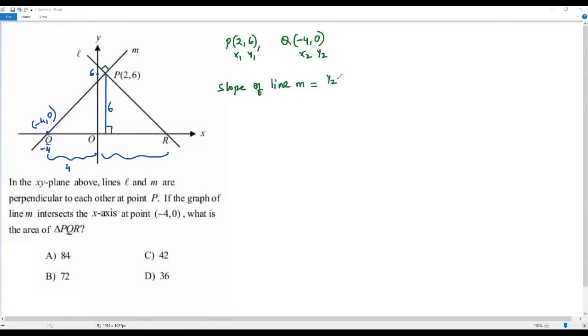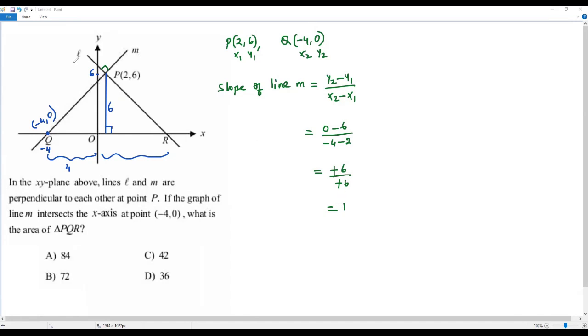That is (y2 - y1) divided by (x2 - x1). Here the value of y2 is 0 and the value of y1 is 6, and the value of x2 is -4 and the value of x1 is 2. Then we get -6 over -6, the negatives will cancel out. 6 divided by 6 is 1. Okay, here I got the slope of line M.